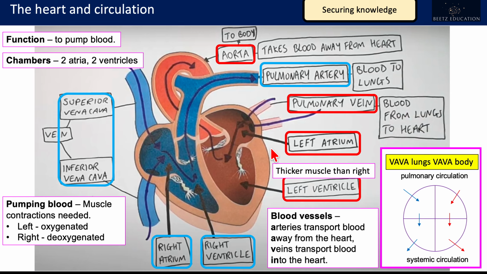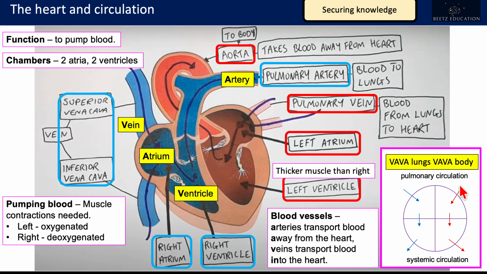Okay, so if we consider the right-hand side and the left-hand side, vava lungs refers to V for vein, A for atrium, V for ventricle, A for artery, and then that blood will be transported to the lungs. Of course, it's deoxygenated, so it needs to become oxygenated at the lungs. And of course, it would be removing carbon dioxide as well as a waste product at the lungs.